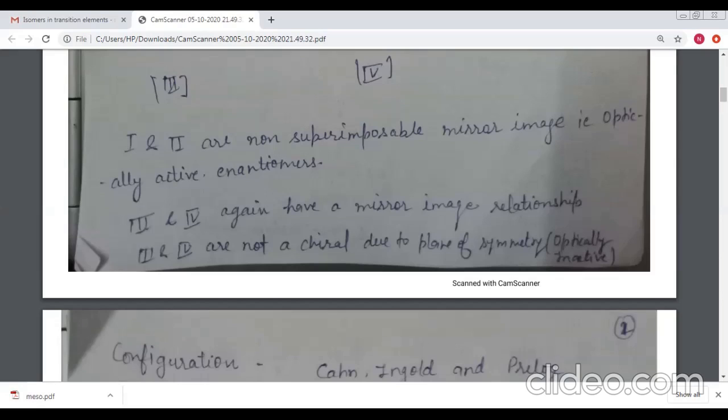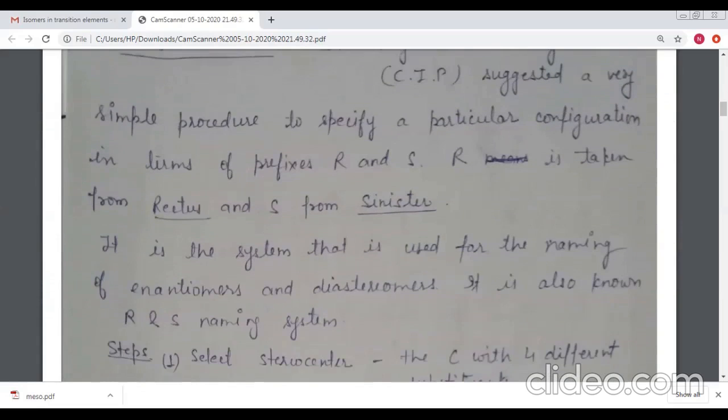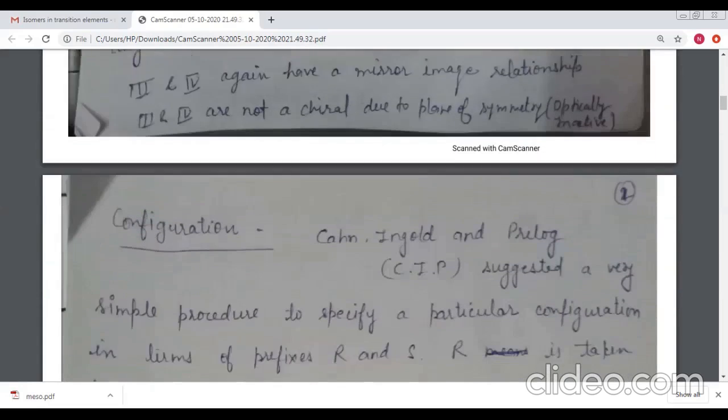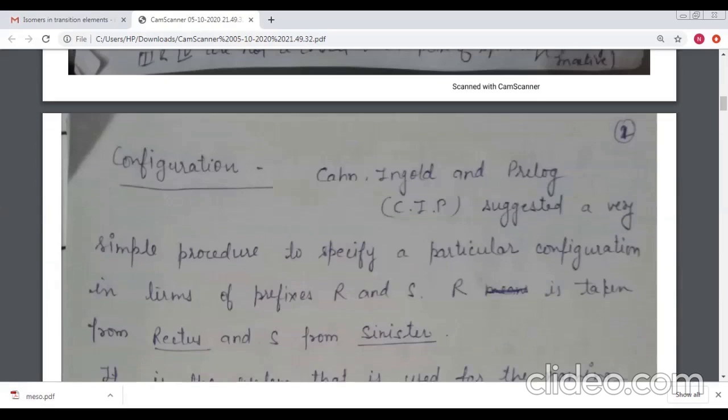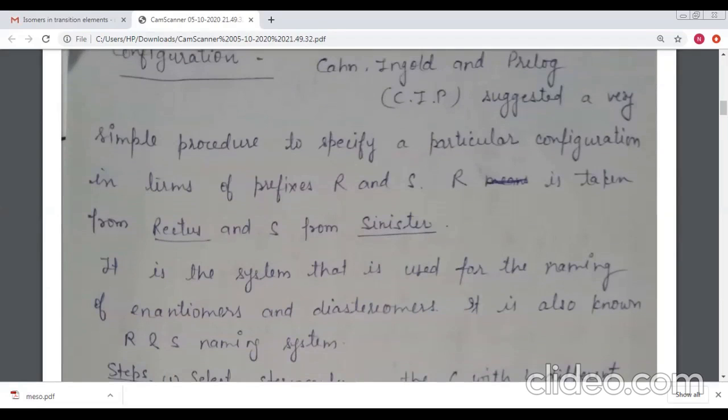Now come to the next topic, which is configuration or absolute configuration. As we know, configuration means giving the numbering of our compound. According to CIP, the names of the scientists who suggested a very similar procedure to simplify a particular configuration in terms of prefix.